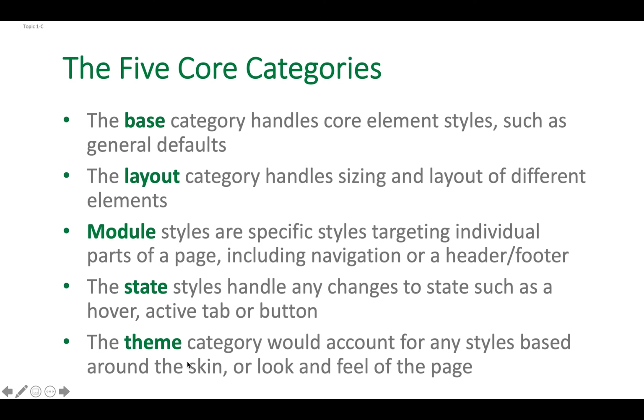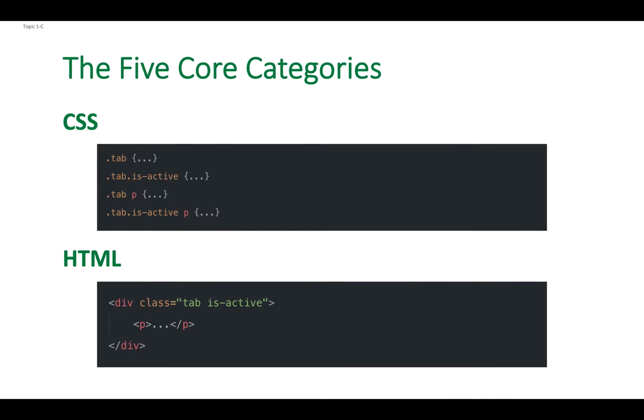And the theme category would account for any styles based around the skin or look and feel of the page. So that's 5 different categories of styles that you could use. They're not saying you have to use that methodology, but this is a good general guideline for how to organize your style sheets.